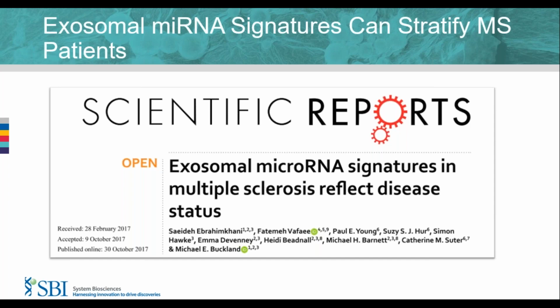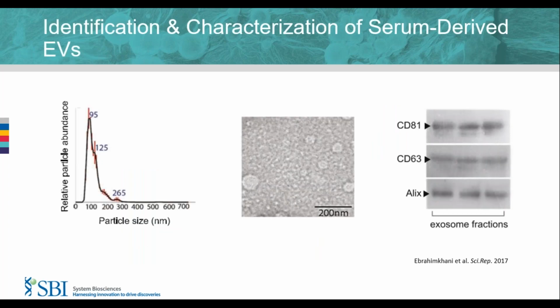And basically, they start with isolating and characterizing EVs derived from serum, either controls or patients at different states. So they isolated exosomes from 1 milliliter of serum. Before exosome isolation, they treated the serum samples with RNase to remove any unprotected circulating RNA.